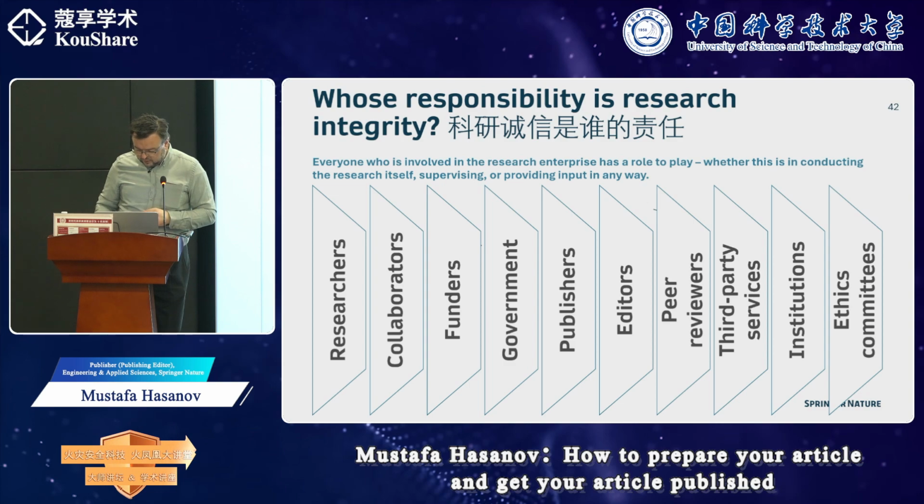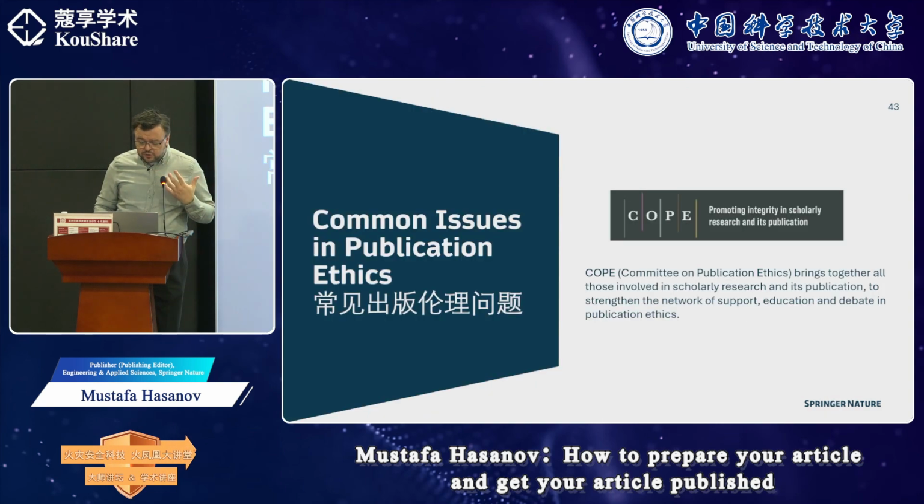Okay, so I'm going to talk about some common issues in publishing, and those common issues are taken from the so-called Committee on Publication Ethics, which is the umbrella organization that oversees the ethics. Well, it does not oversee, but it gives advice to the majority of the publishers on research integrity topics and ethics topics.